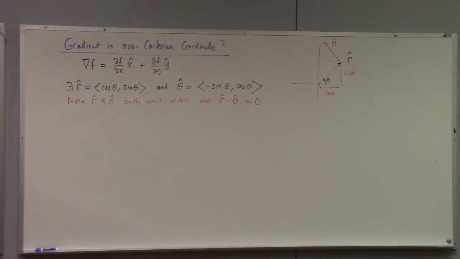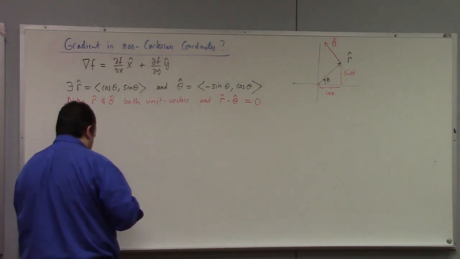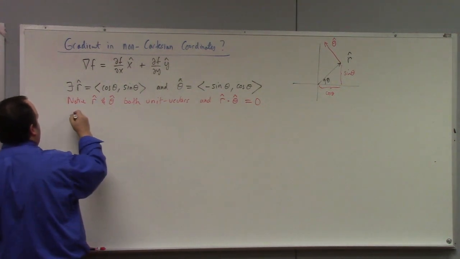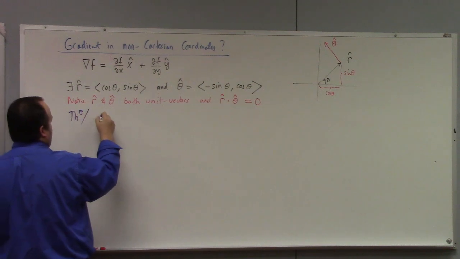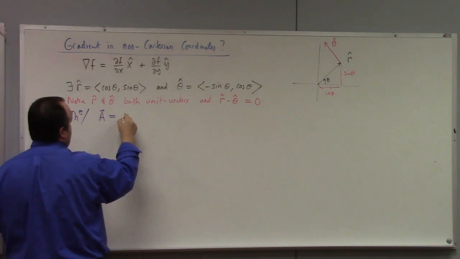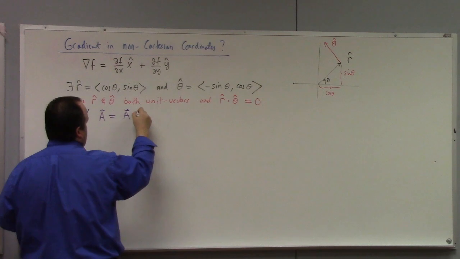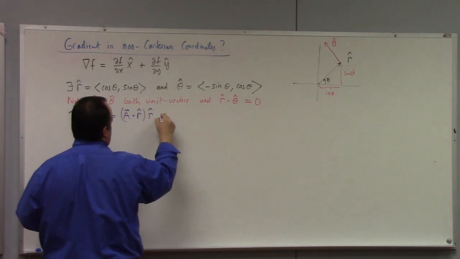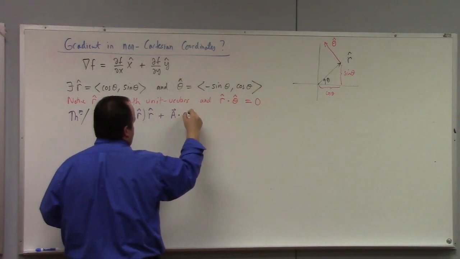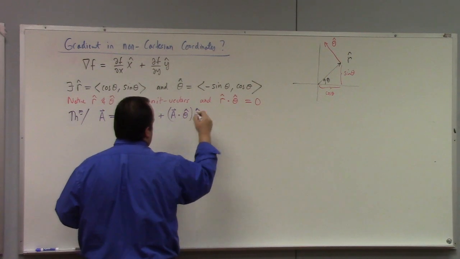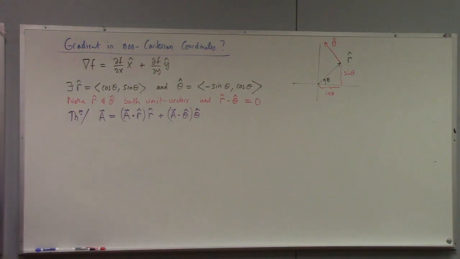You see, I can take any vector. This is like a theorem of vector algebra, the part of the course that you guys love the most, right? So theorem, if I have a vector A, I can write it as A dot r hat plus A dot theta hat. Because I can look at the part of the vector which is going in the r hat direction, and the part which is going in the theta hat direction, and I can build it from these two pieces.